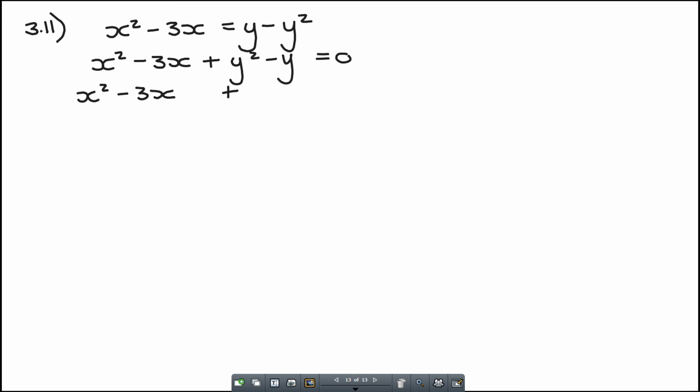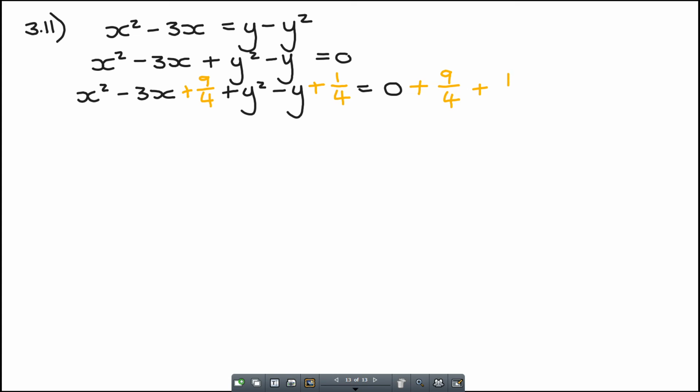Ek gaan nou daar invul. Okay, so if I take that minus 3 divided by 2 and then square, I'm going to get plus 9/4. En dan gaan ek hier ook sê plus 9/4. Then if I take this minus 1 divided by 2, I'll get minus 1/2. Square it, so positive 1/4.